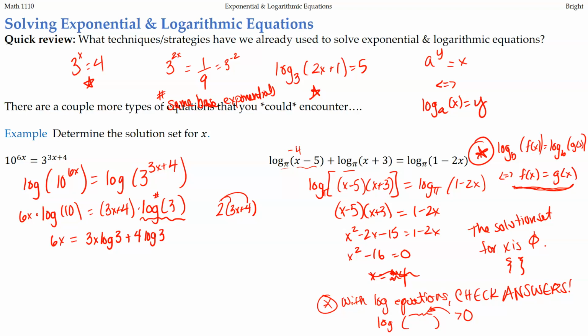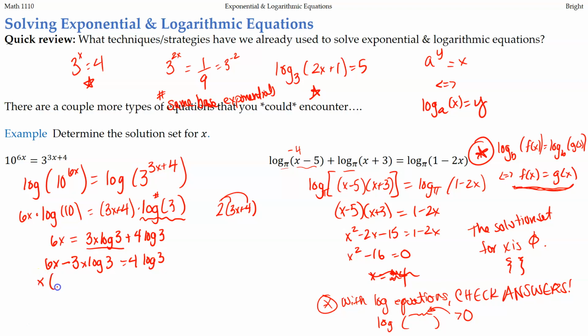Now, if I want to solve for x, I need to isolate all those terms that have x, so I'm going to move the term with the x from the right-hand side to the left, so I would subtract 3x log 3, which is equal to 4 log 3. And now, what do you do with this? You can't really subtract them easily, but they do have a common factor of x.